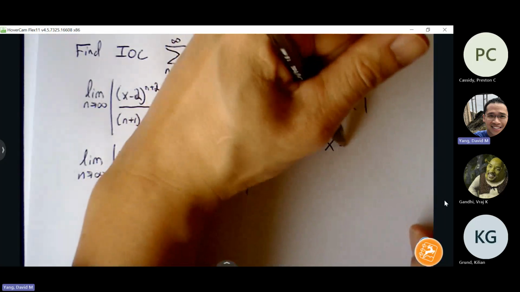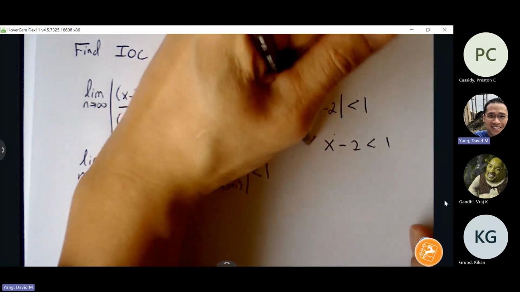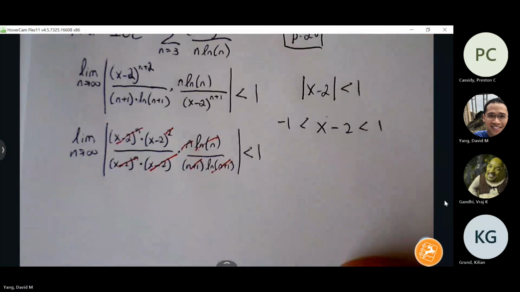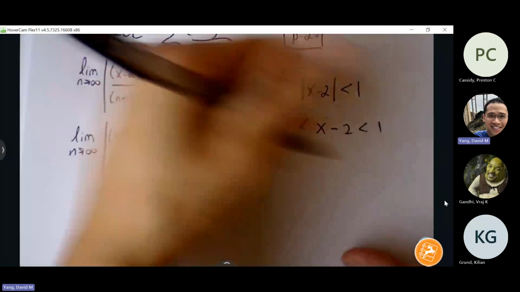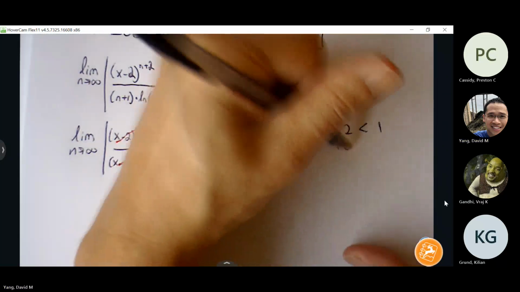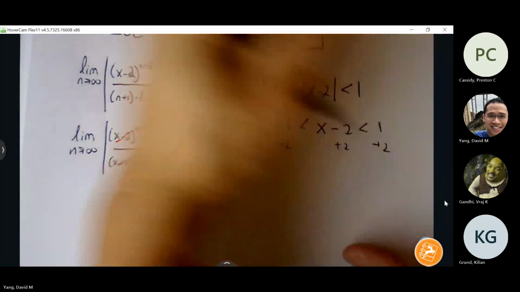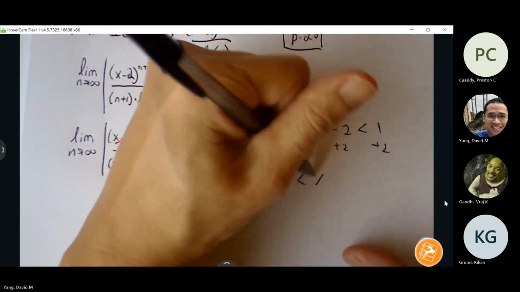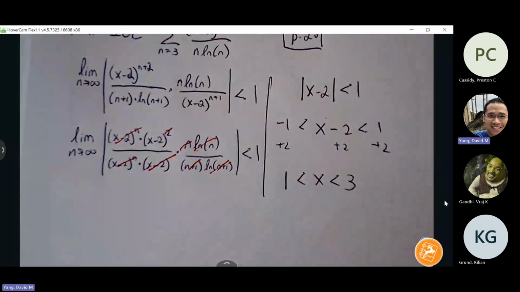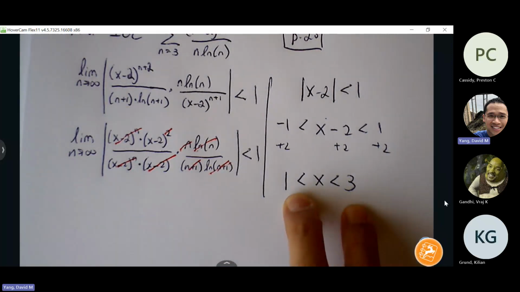I'm going to do my interval of convergence. Add 2 to both sides here. All right, so we know our interval of convergence is at least this, and we have to test the endpoints.